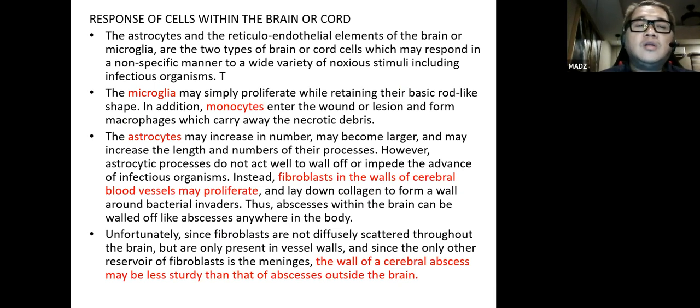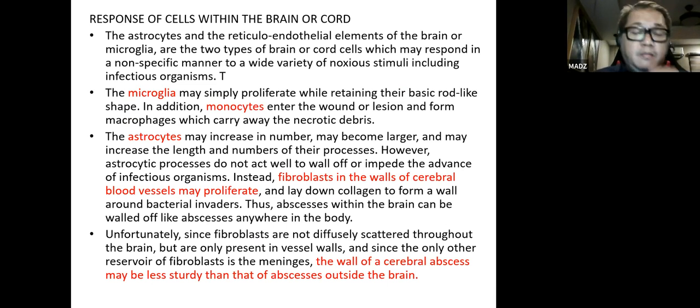What are the responses of the cells within the cord or within the brain after trauma? The astrocytes, which are the most abundant glial cells, and the reticuloendothelial elements of the brain, or the microglial cells, are the two types of brain or cord cells which may respond in a non-specific manner to a wide variety of noxious stimuli, including infectious organisms.